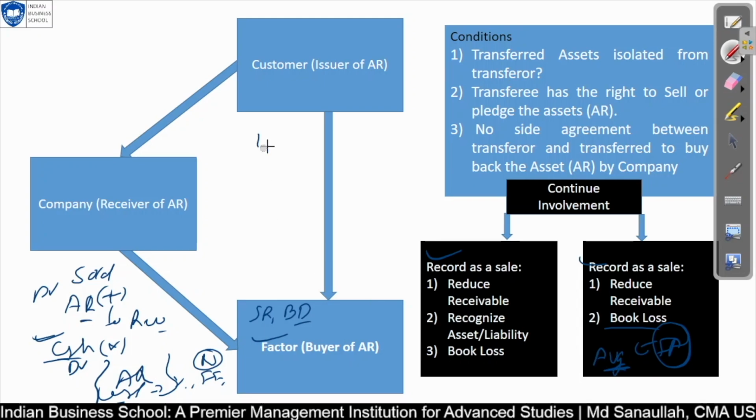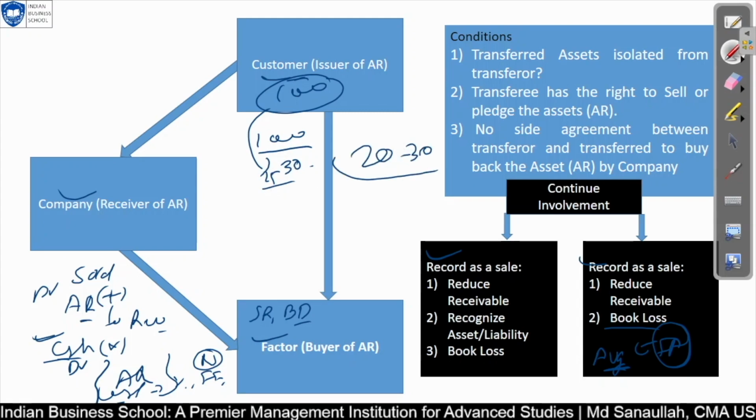For example, you have thousands of customers. This is the company, and these are your customers. Normally you get your payment within 25 to 35 days, or maybe 20 to 30 days. If you take the average for all your customers, it is 25 days. So normally when you invoice, on average after 25 days you will receive your payment. That is the locking period.